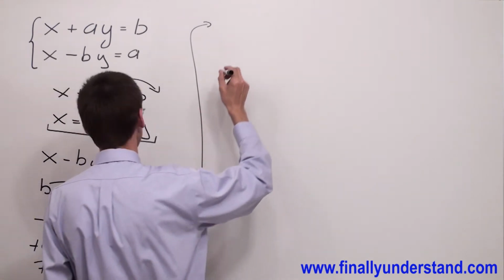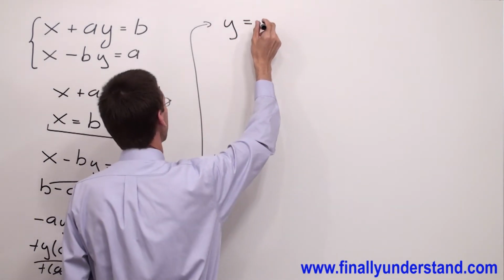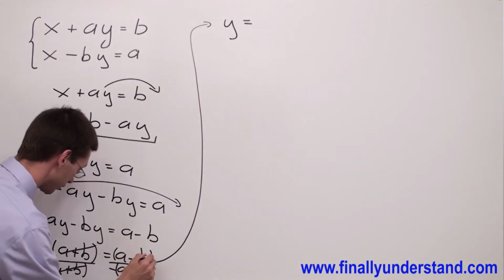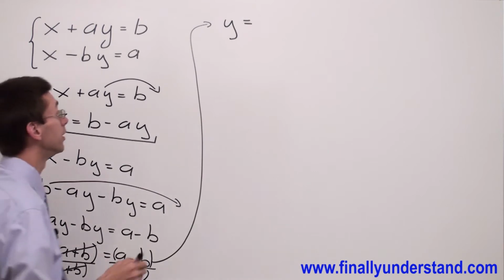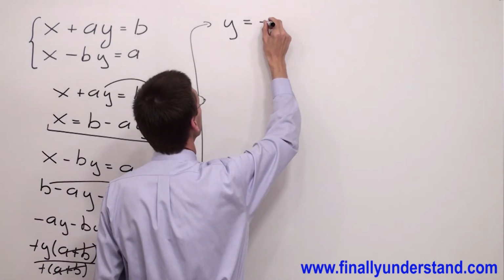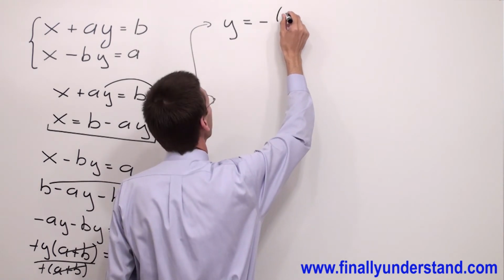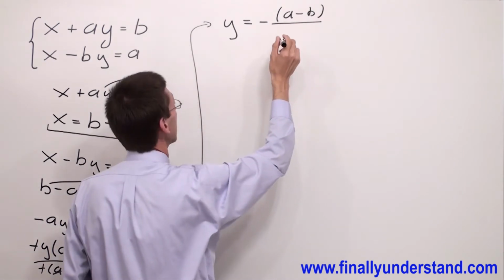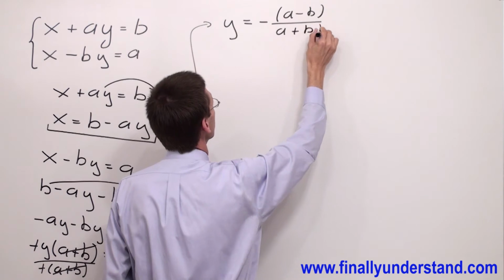And I have y equals, imagine that I have invisible parentheses, and an invisible positive sign divided by negative gives me negative. And in the numerator I have a minus b, and in the denominator I have a plus b.